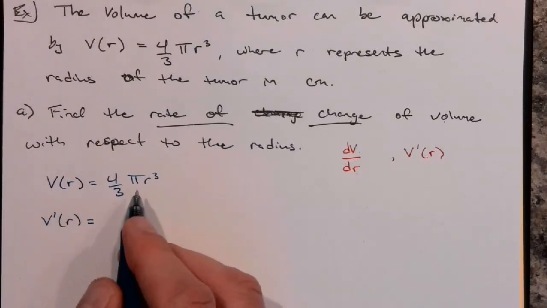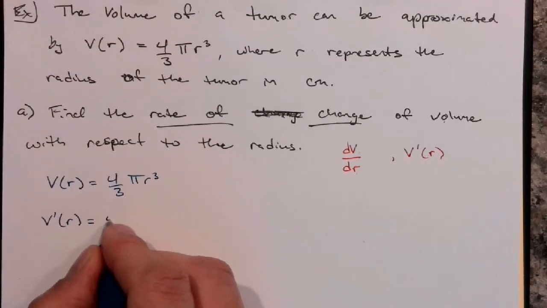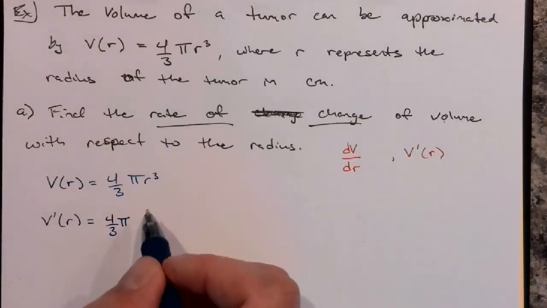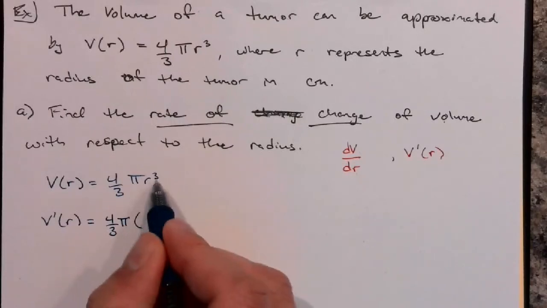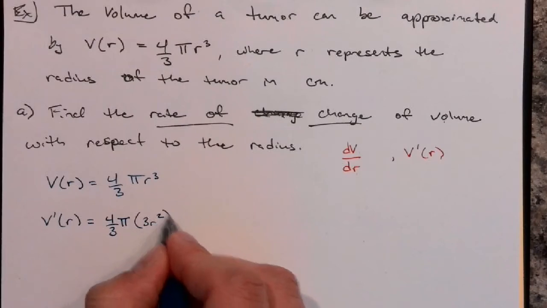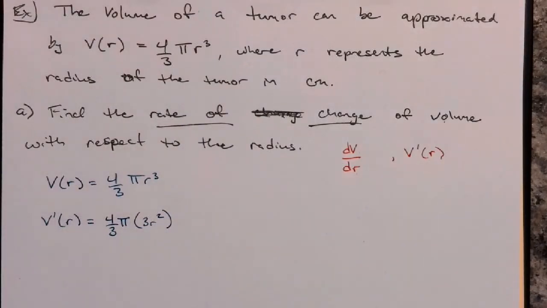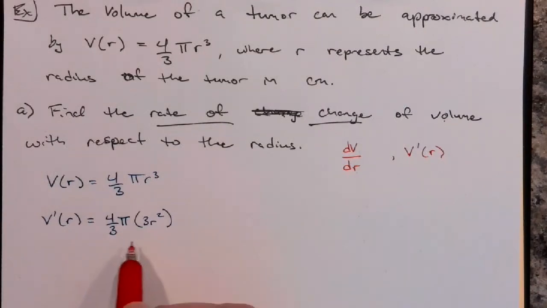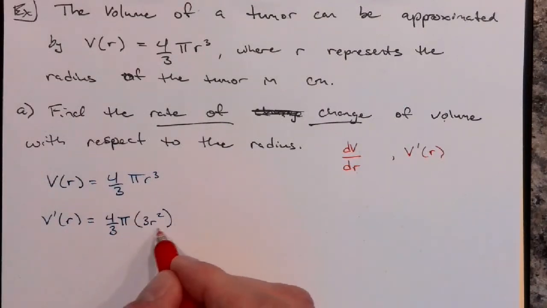So 4/3 pi, a constant in front, stays in front when you take the derivative. And then you multiply it by the derivative of the second part, r to the third power. It's still a constant times a function. I'm showing it like this just so you can see what I did, right? The constant stays in front times a function.